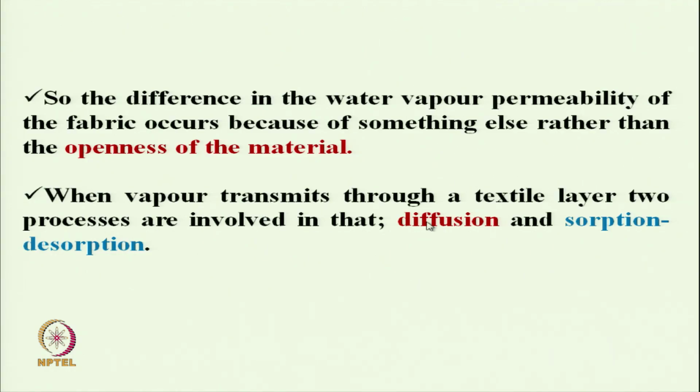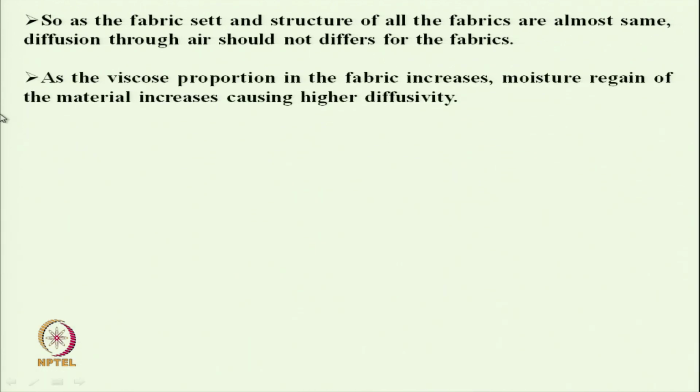When vapor transmits through the textile layer, two processes are involved: diffusion and sorption desorption. As the fabric structure was kept constant, the diffusion was also constant. As the viscose proportion in the fabric increases, the moisture regain of the material increases, causing higher diffusivity.